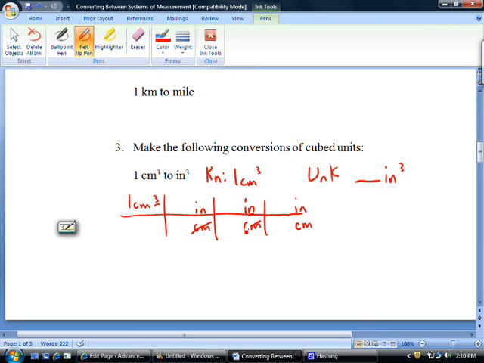Now that times that times that cancels my centimeters cubed, and my unit that remains are inches times inches times inches, or inches cubed. And so let's substitute in the right numbers here. 1 inch is 2.54 centimeters, each time.